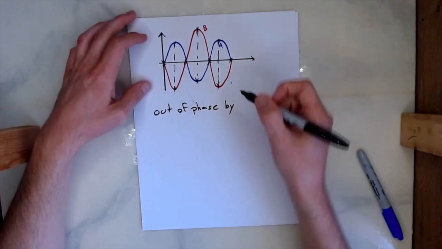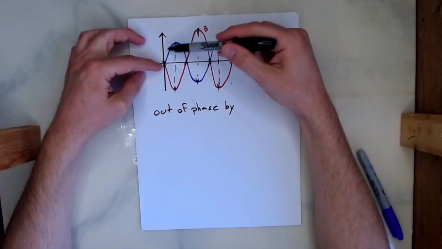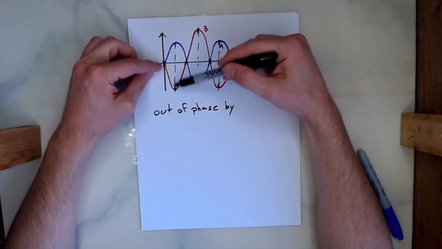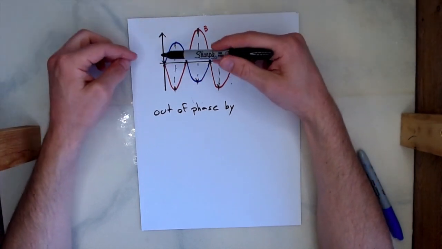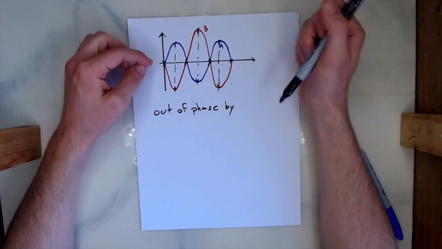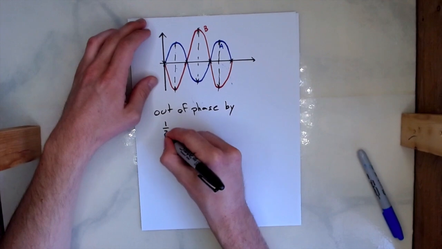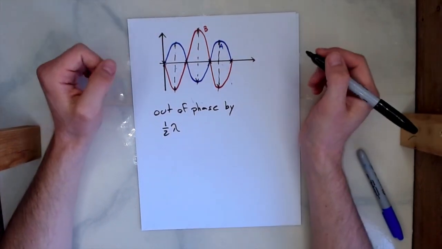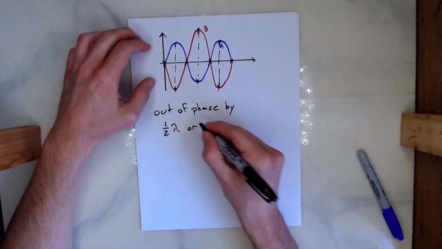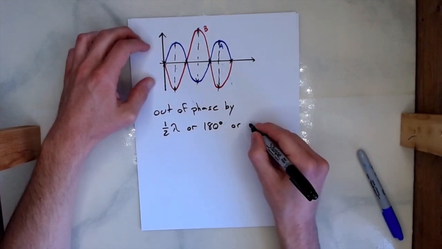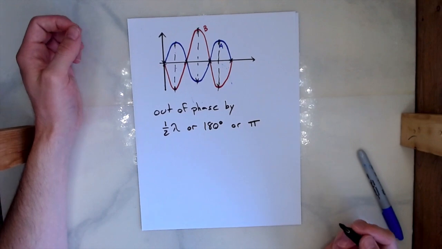by, but let's see, if they're the same wavelength, these are the same waves as before, and each crest lines up with each trough, that means that one of them is shifted by 1 over 2 lambda. So I could say it's out by 1 over 2 lambda. A half wavelength is shifted. Or, since we want to talk about angles here, I can say 180 degrees, or I can say pi radians.